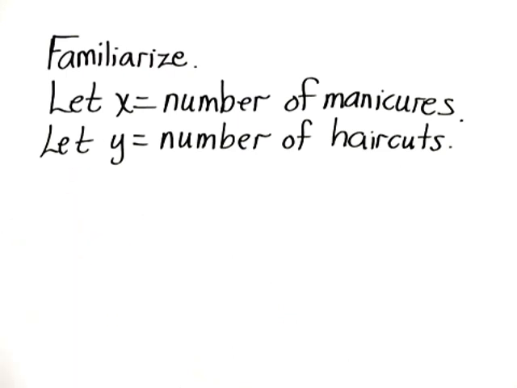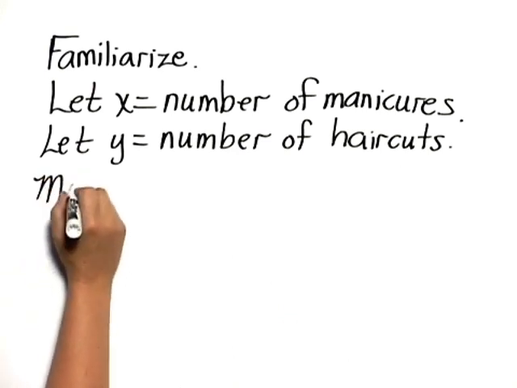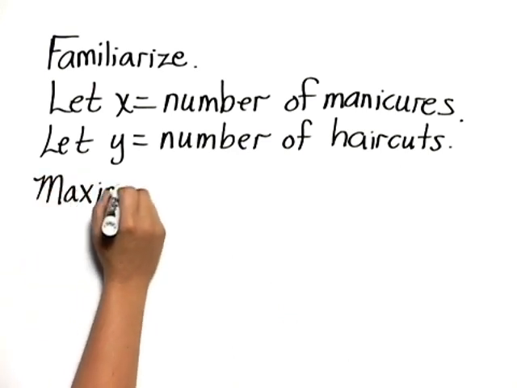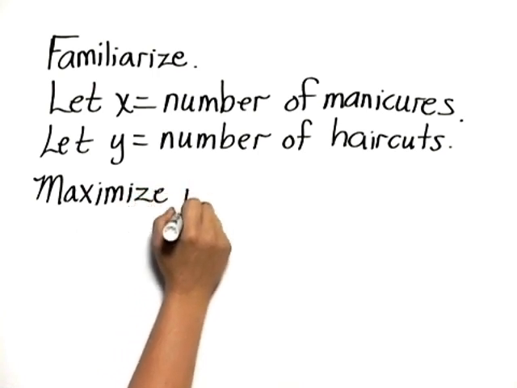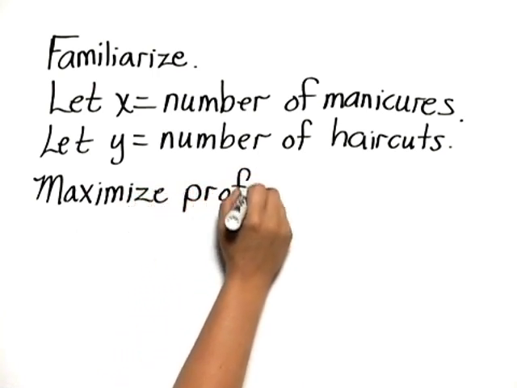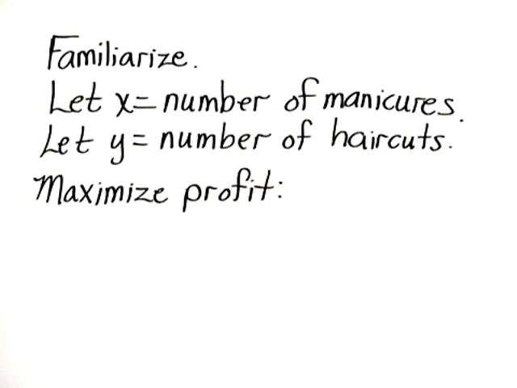Second, let's see what we need to maximize or minimize. In this case, we want to maximize profit. So we want to get what's called our objective function, which would be the profit function. Now we're going to write this in terms of our variables X and Y. We know that the salon has a profit of $12 per manicure and $18 per haircut.